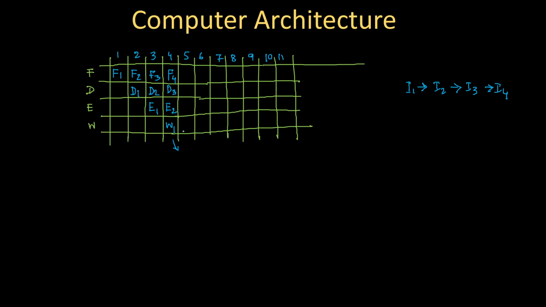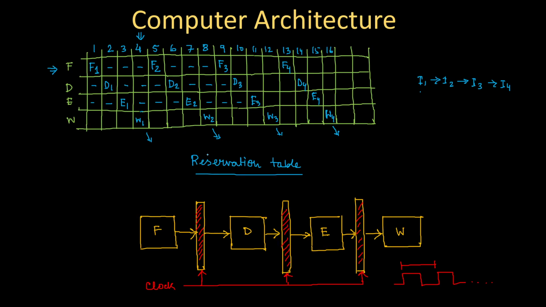At the 5th clock cycle W2 will happen, then E3, and then D4, and in the 5th clock cycle the output of instruction 2 will come out, then W3 and E4. So in the 6th clock cycle the third instruction will come out, and in the 7th clock cycle the 4th instruction will come out. So just try to realize the difference present in this reservation table of the updated diagram and the previous diagram.